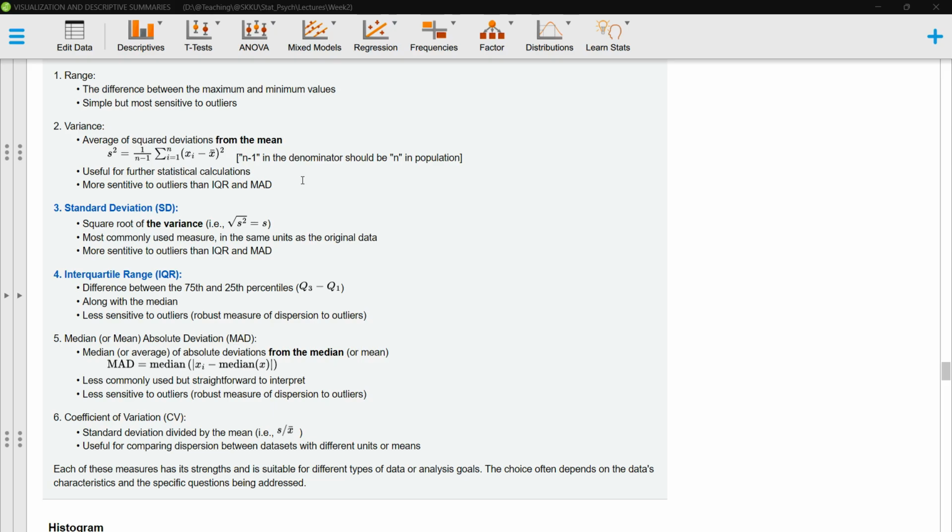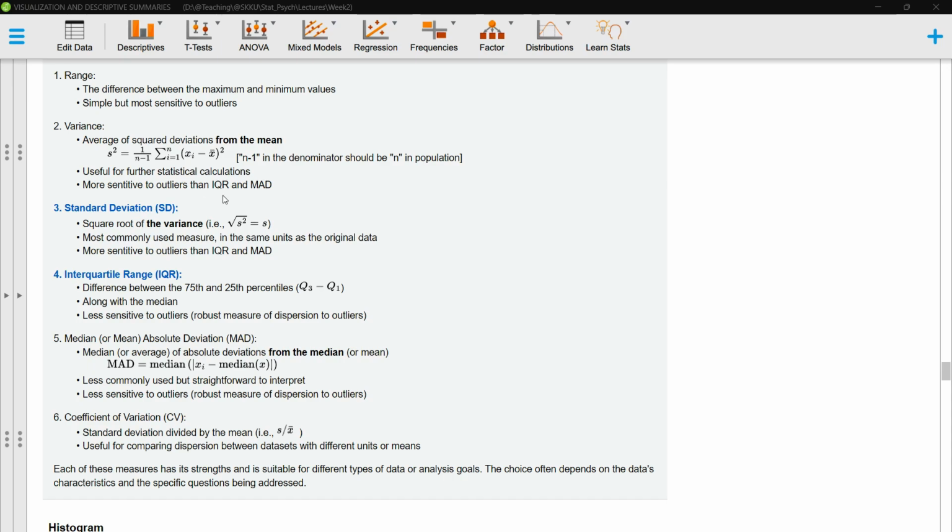There are many reasons, but the main reason for using variance is that it's useful in terms of some mathematical properties for statistical calculations. I will not explain this in more detail. And variance is more sensitive to outliers than the IQR and MAD. IQR and MAD are based on the median, the quartiles, and the absolute deviations from the median.